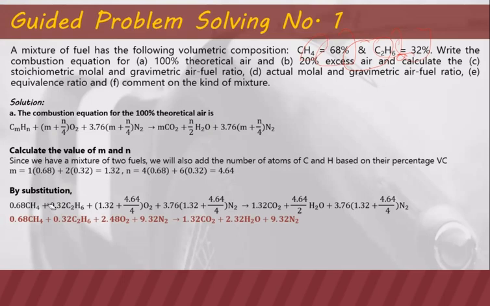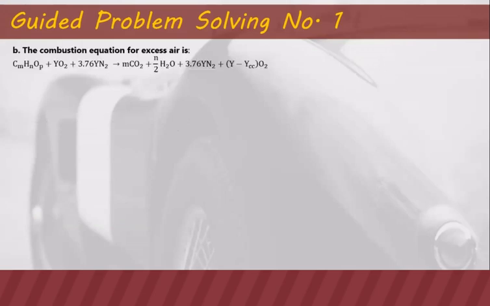For the second question, we compute the combustion equation if we have 20% excess air. So we will use our equation for excess air. Basically, we have to find the value of y and then ycc, computed based on what we already have.